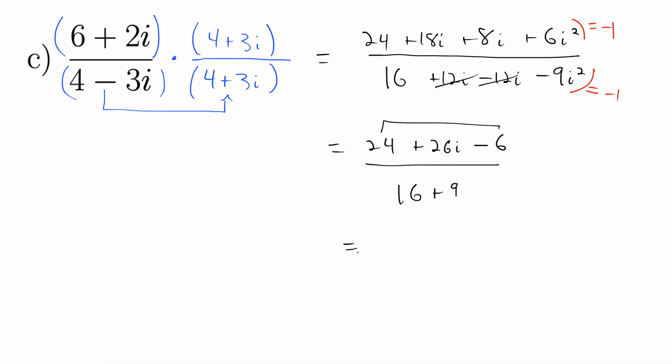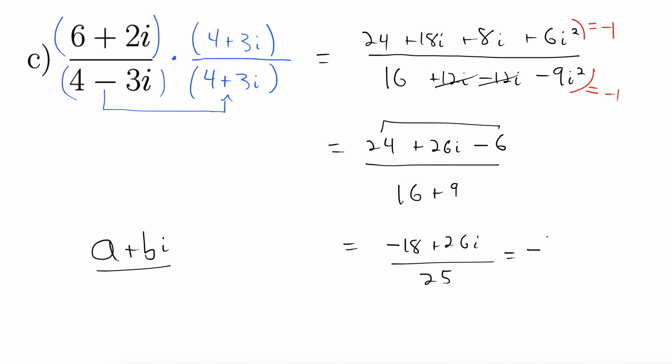Combine like terms here, so we have up top minus 18 plus 26i, and down below we have 16 plus 9, which is 25. Last bit, we want to break it up so our answer is of the form a plus bi. There's no shared denominators or anything like that in this kind of answer.